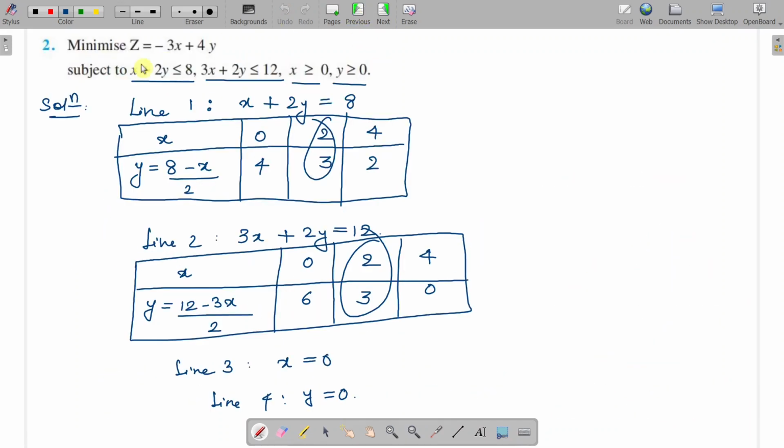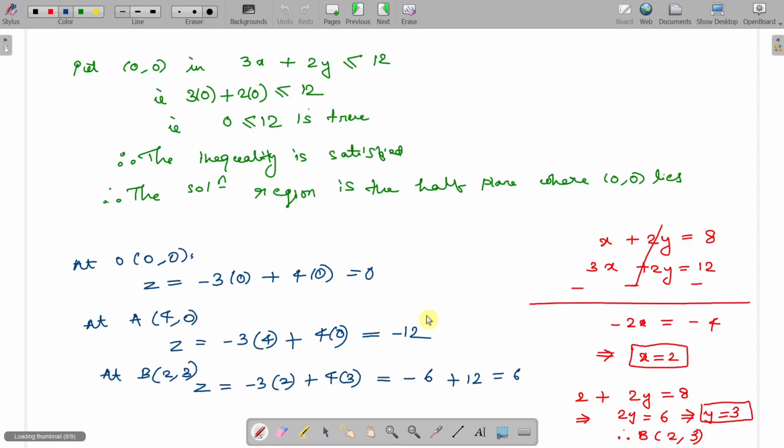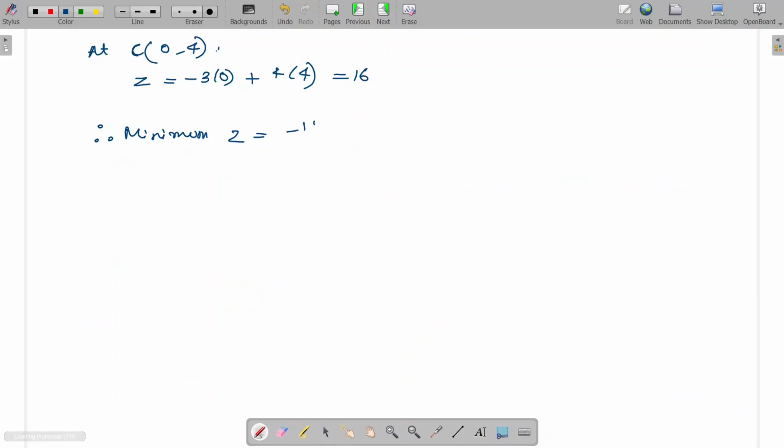Now we have to minimize z, so we have to find the minimum. So therefore the minimum z is this, minus 12, right? At the point A, 4 comma 0. This is the answer. So that's it in the video.